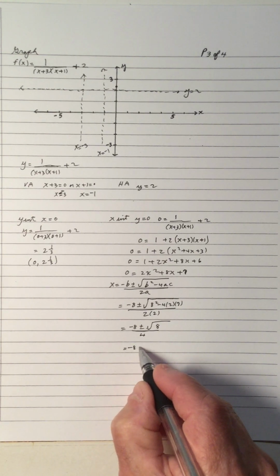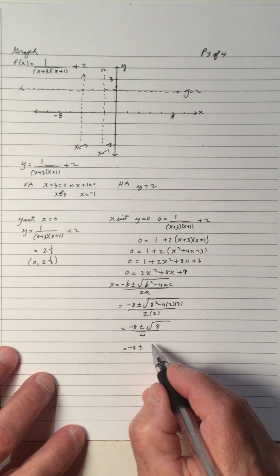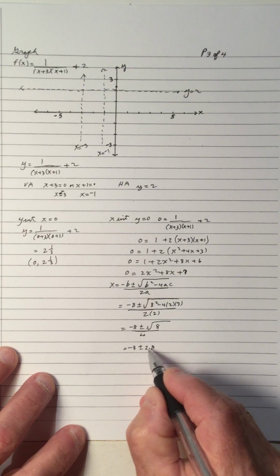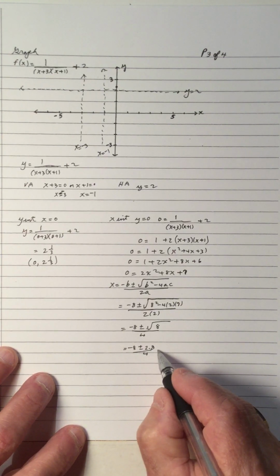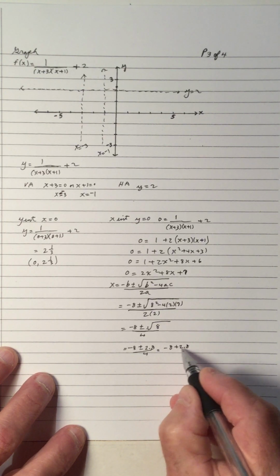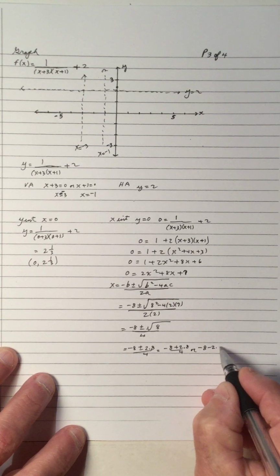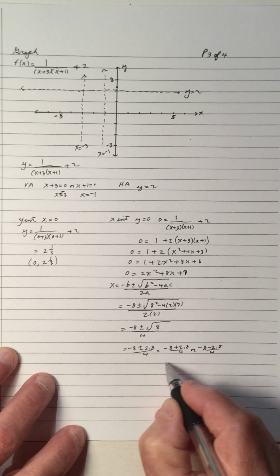So there's negative 8 plus or minus, and the square root of 8 is 2.8 over 4. So that's negative 8 plus 2.8 over 4, or negative 8 minus 2.8 over 4.